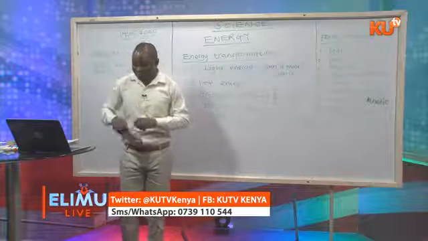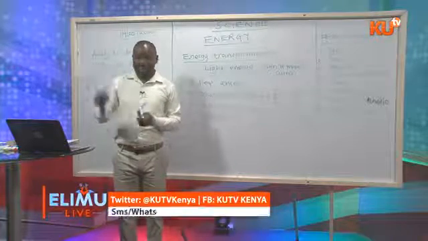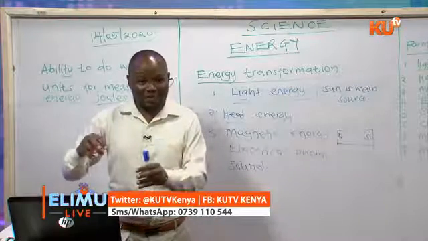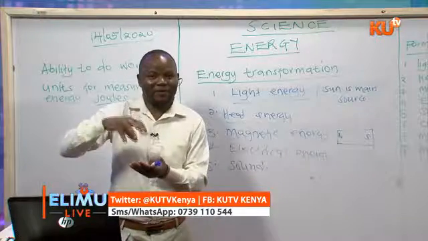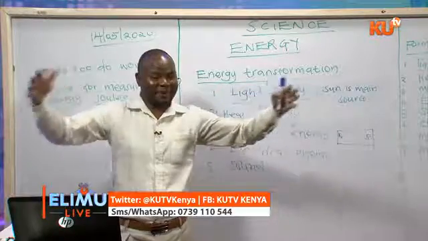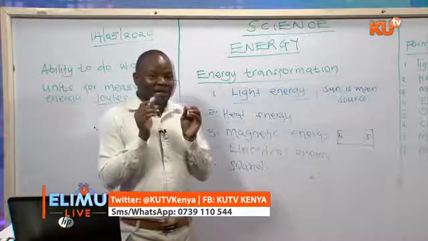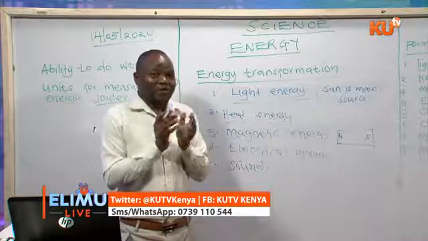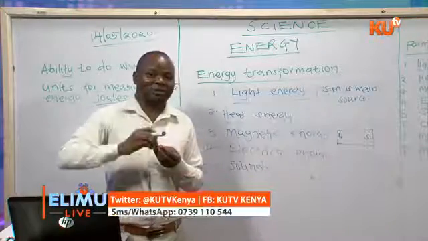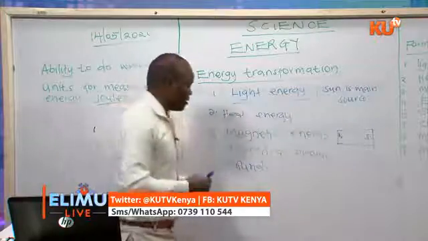For you to hear that sound, it must originate from a point, and then it vibrates into different parts. So for you to understand this, you must know that a sound can only be produced when an object vibrates from one point to another.